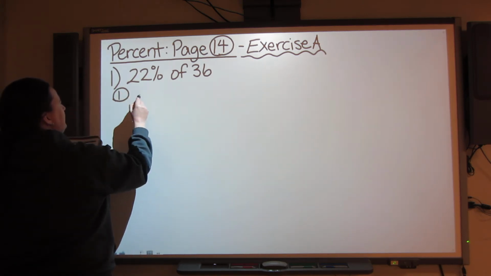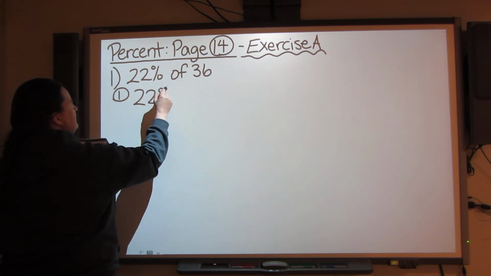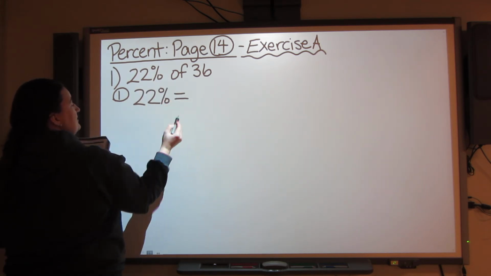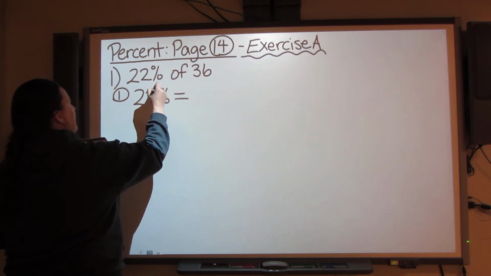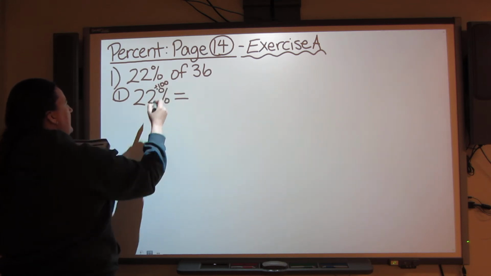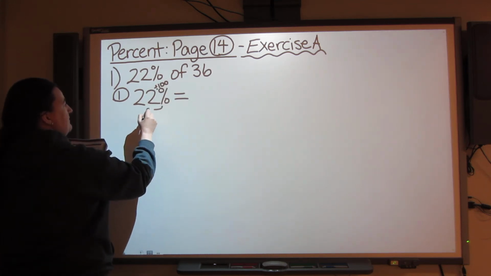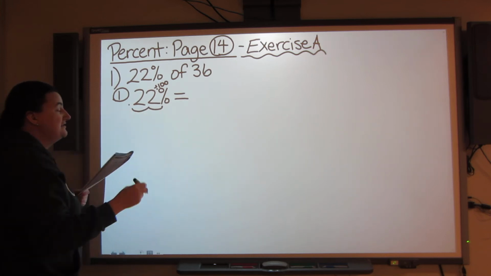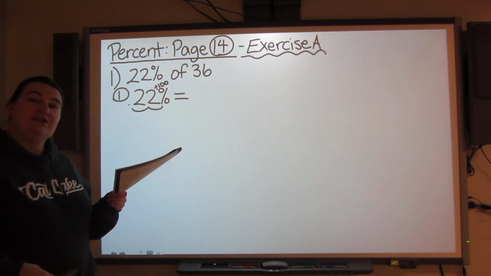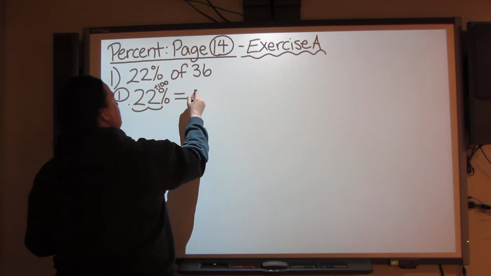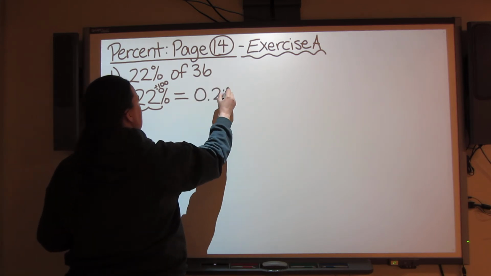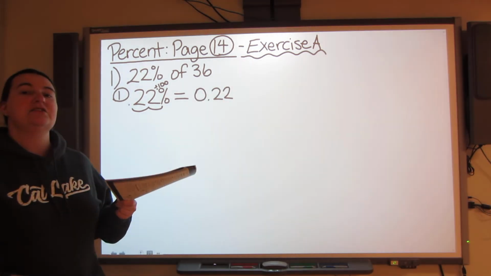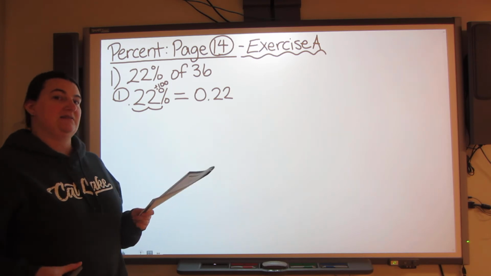Step 1, take your percent and change it to a decimal by dividing by 100. Move that decimal 2 spots over so that 22% becomes 0.22 or 22 hundredths.